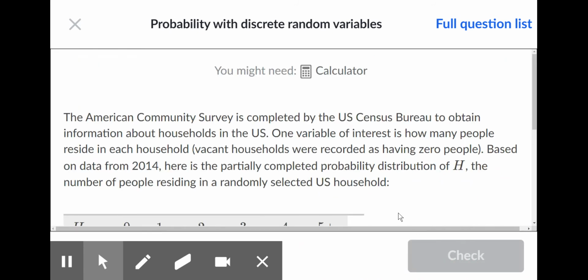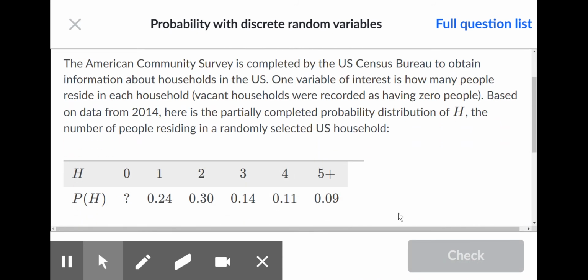So let's look at another question. The American Community Survey is completed by the U.S. Census Bureau to obtain information about households in the US. One variable of interest is how many people reside in each household. Vacant households were recorded as having 0 people, based on data from 2014.